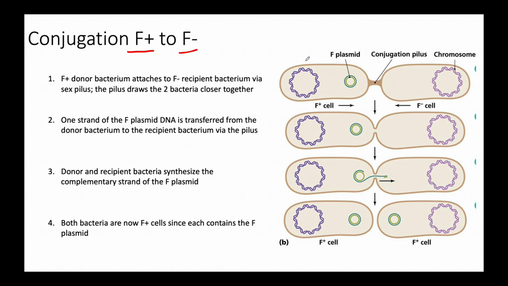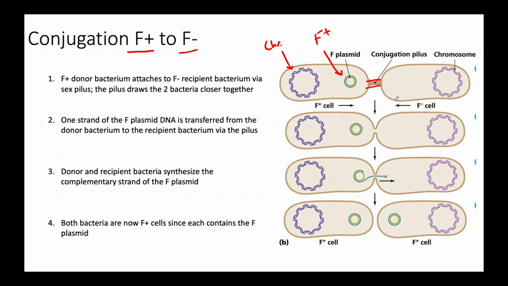So remember what F plus means. It has the plasmid, so there it is. This is the chromosome, so that's there as well. And it's the F plus because the information that's on the F plasmid is what allows for the formation of this conjugation pilus.